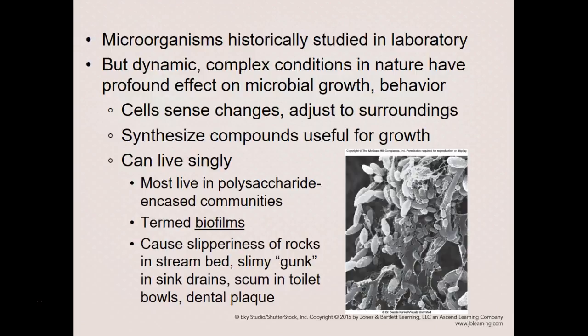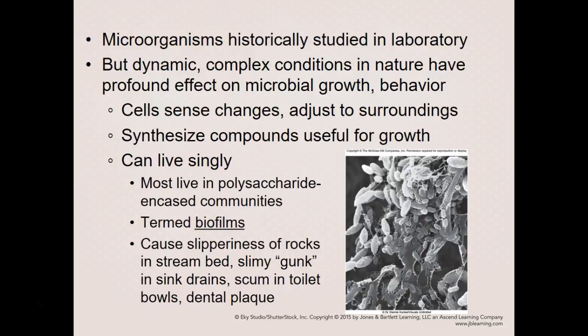Humans aren't out there making sure that there's enough of every type of amino acid that the microbes need, and every micro element that they need. Because of this, they grow typically in groups or colonies, like biofilms, which we've already talked about. They can live as single organisms, but most live in communities or biofilms.